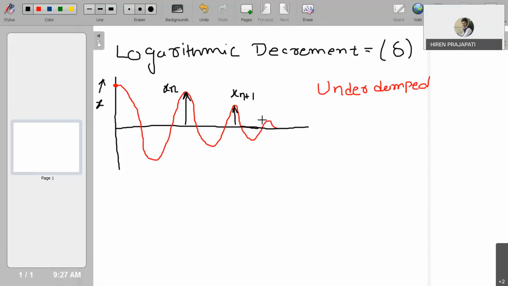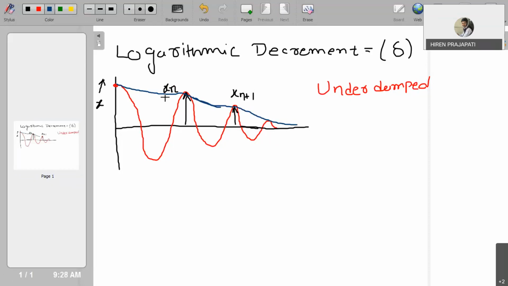So in every cycle we get some reduction, and that reduction can be indicated by one curve which is tangent to all the peaks.